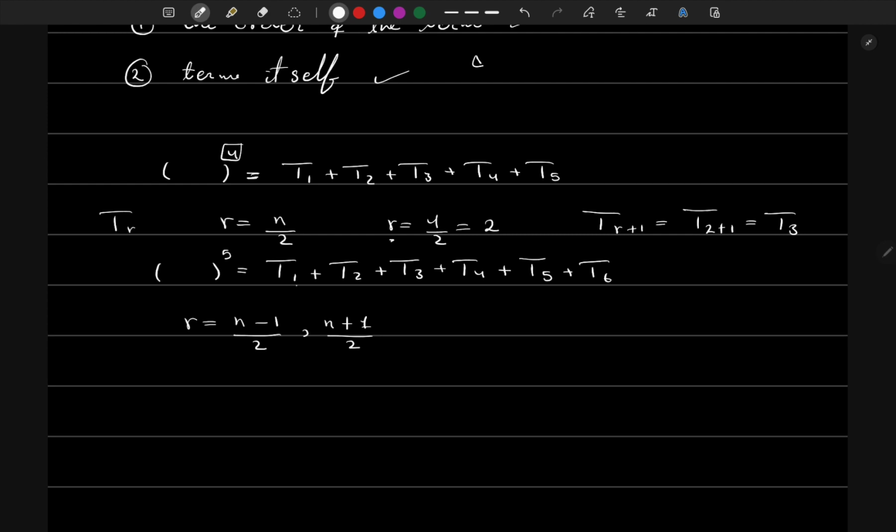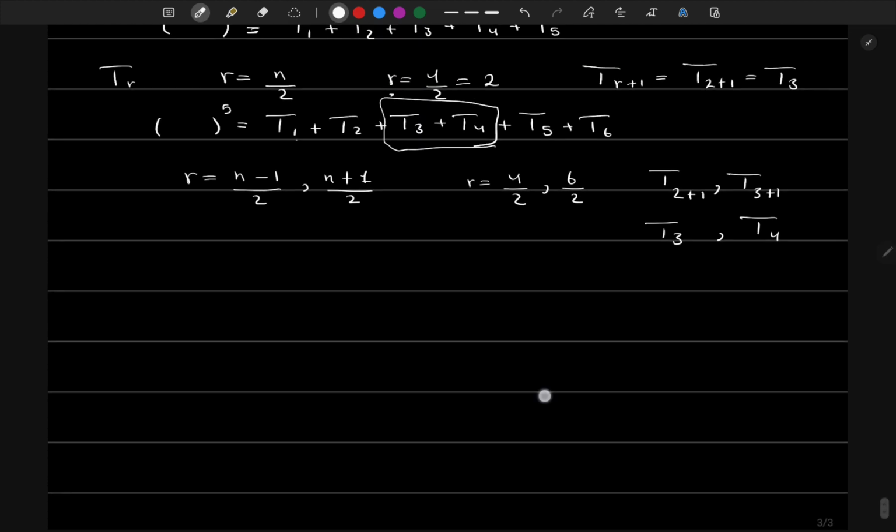So if I have a bracket that is raised to the power of 5, r equals 4 divided by 2, and also r equals 6 divided by 2, and so they're going to be t 2 plus 1 and t 3 plus 1, which are going to be the third term and the fourth term. The third term and the fourth term here are the middle terms of this expression.